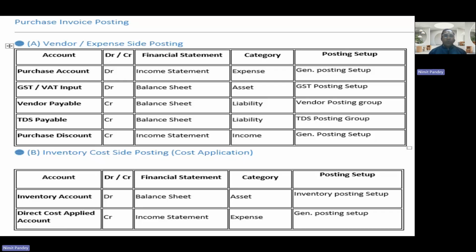So whenever we post the invoice, there are two parts, for inventory and vendor. So for inventory you can check that inventory increases, so it's debited, and another account is the direct cost supply account which is credited.